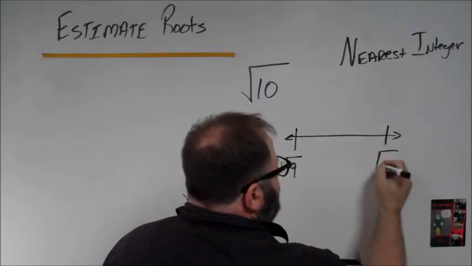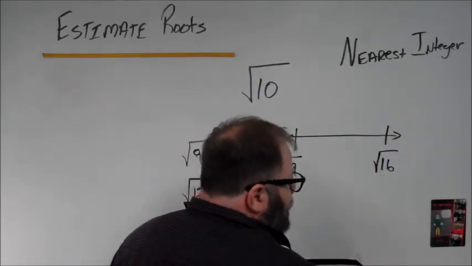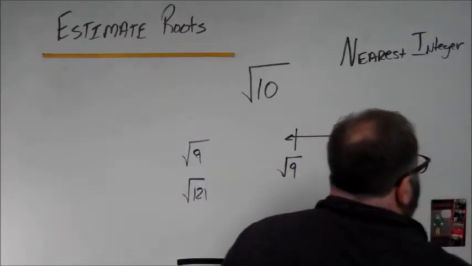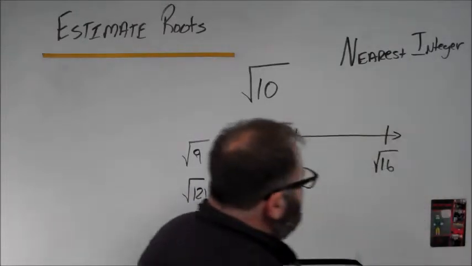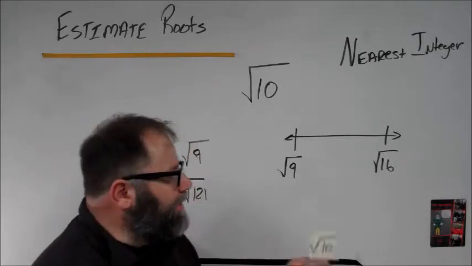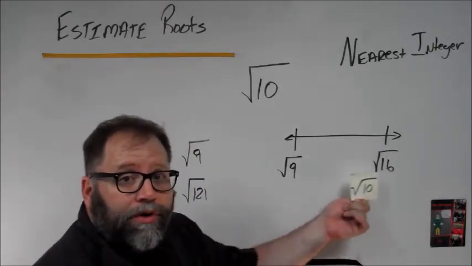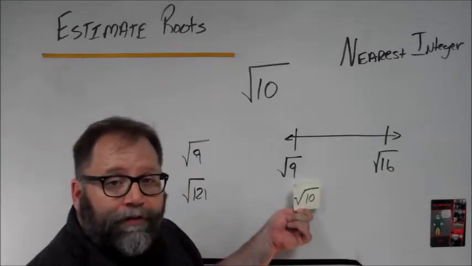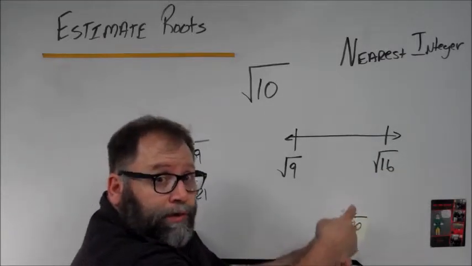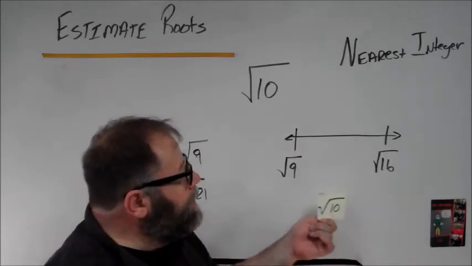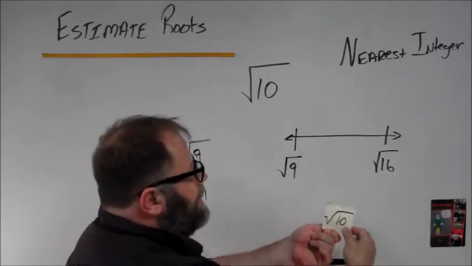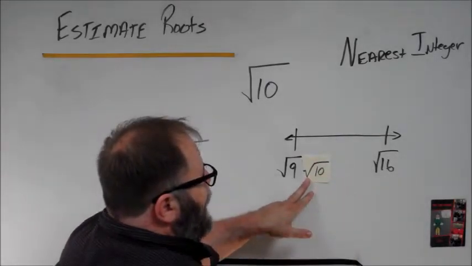Now what I'm looking for here is which one of these values the square root of 10 is closer to. If we were to make a number line for this, it would go square root of 9, square root of 10, square root of 11, and so on. So I'm going to say that the square root of 10 lies closer to the square root of 9.